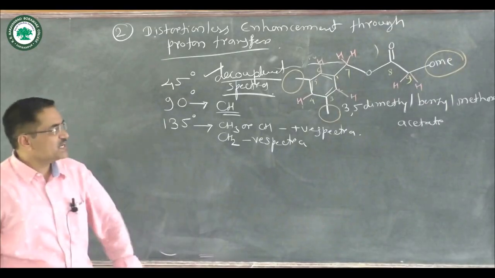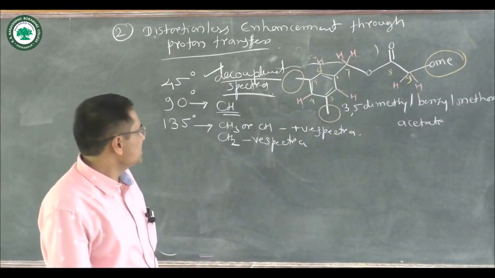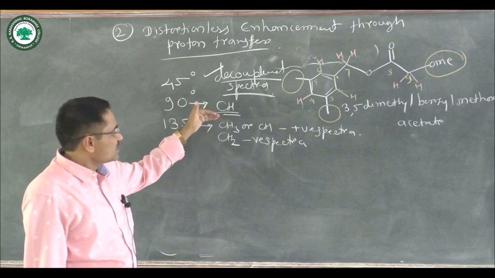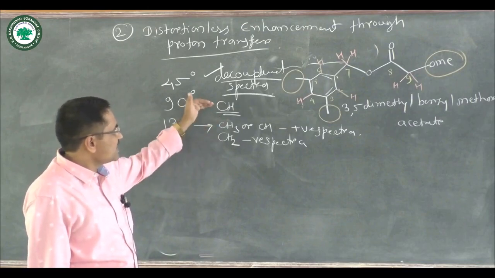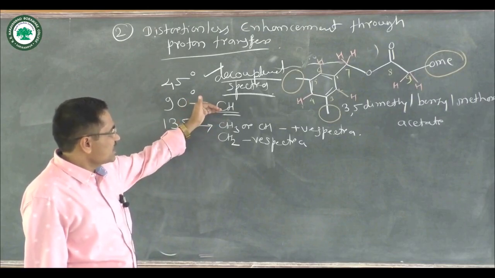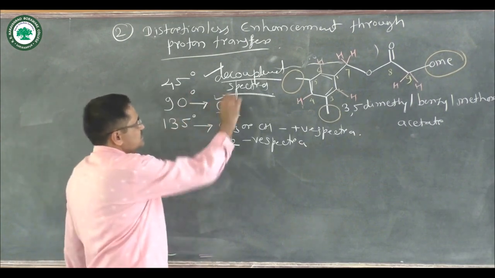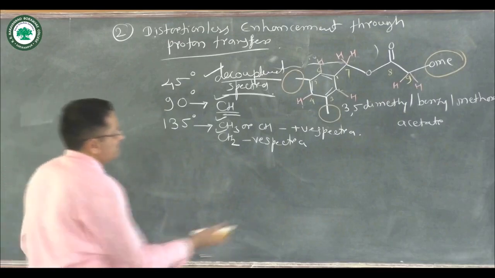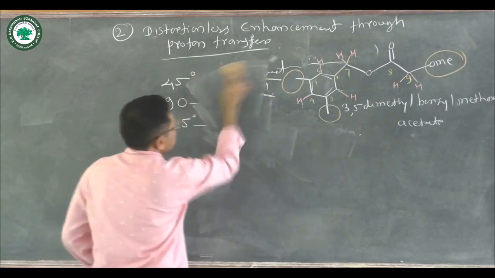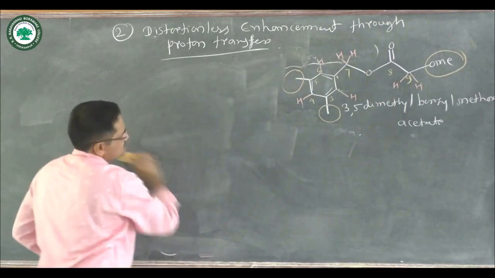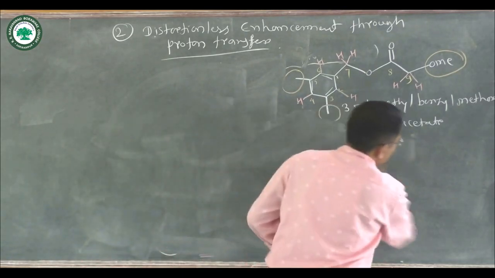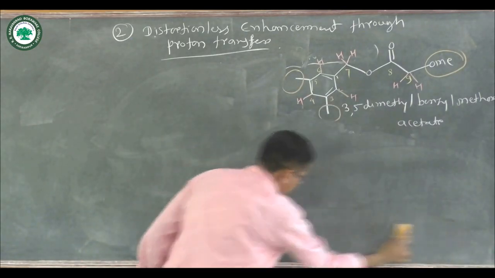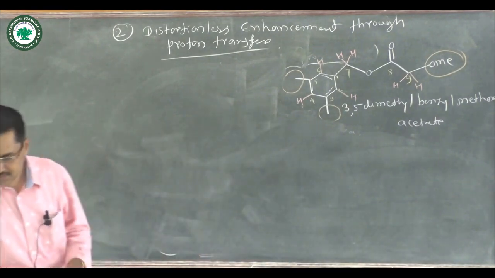We can easily distinguish between methyl, methylene and methine protons and carbon atoms. So we will see these three spectra simultaneously. We draw the spectra here.